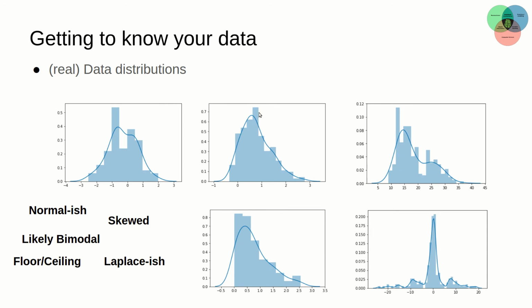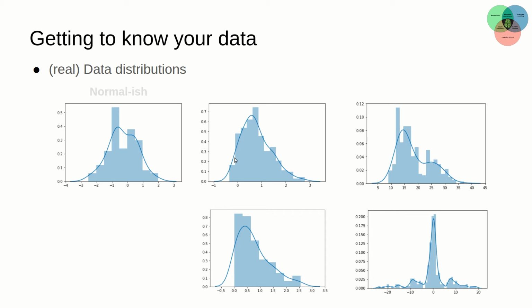So, in a throwback to your favorite undergraduate statistics class, here are a few data distributions with a few labels which could fit these data distributions. For example, this first one looks normalish. It somewhat resembles that normal distribution that we all want to see, I guess, and that would make our lives easier.